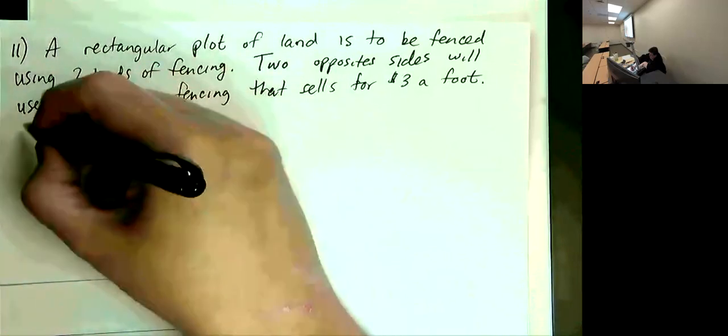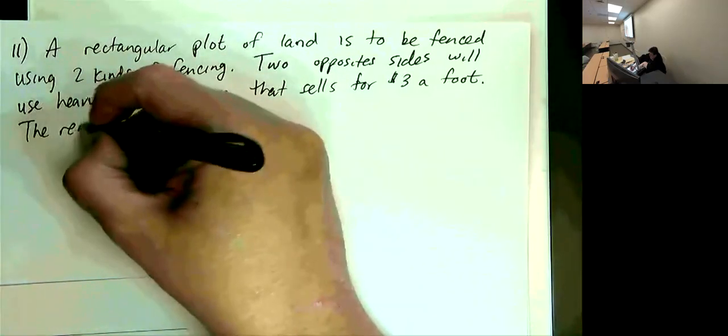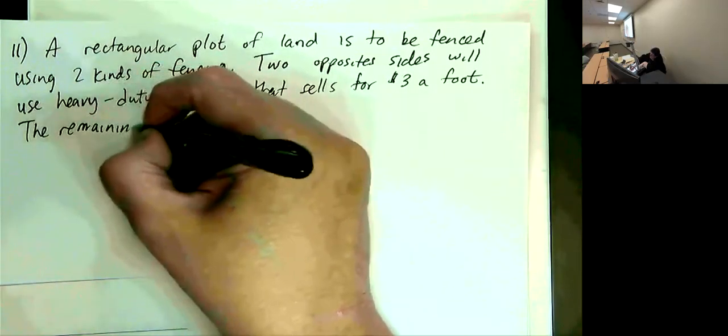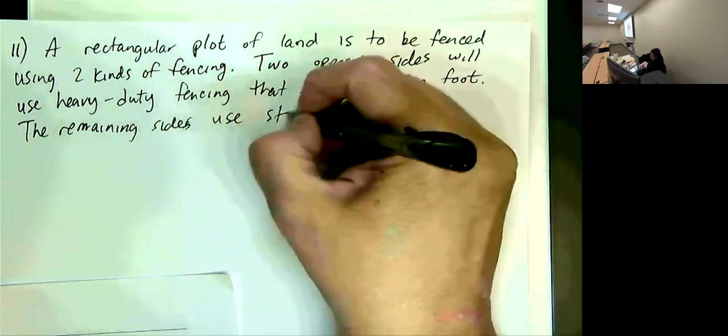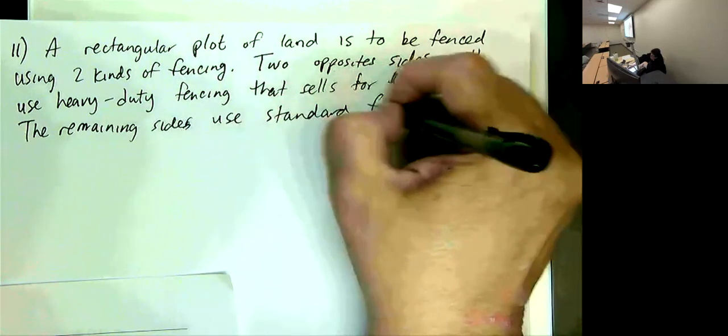The remaining sides use standard fencing at $2 a foot.